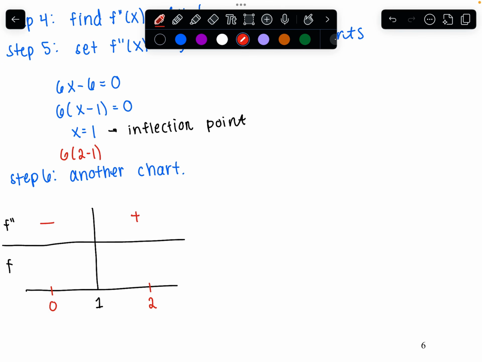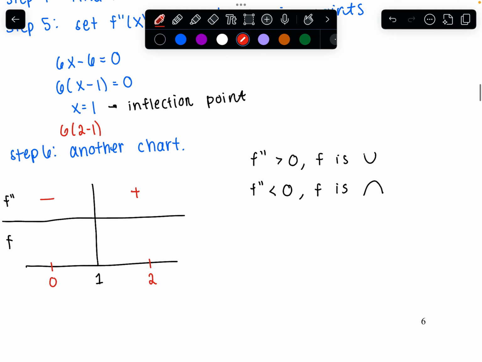That's positive. Okay. If f double prime is positive, f is concave up. If the second derivative is negative, f is concave down. So f is concave down here and concave up here.